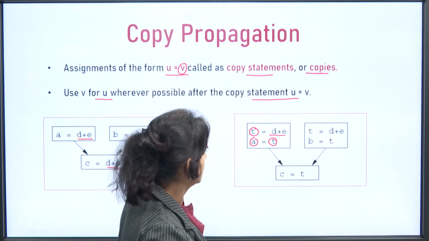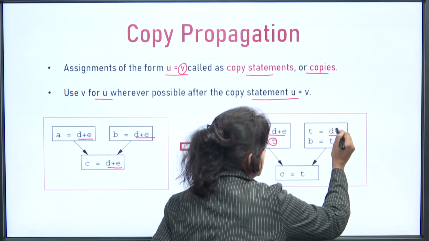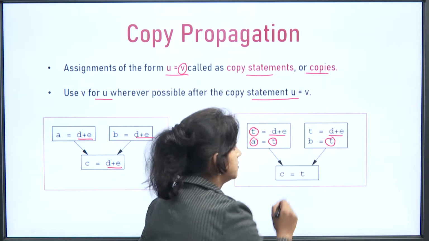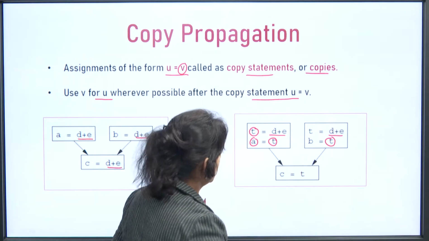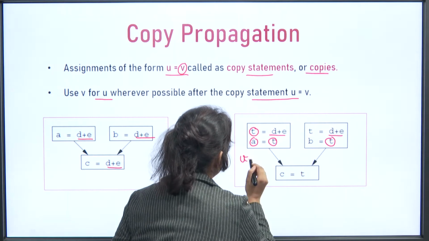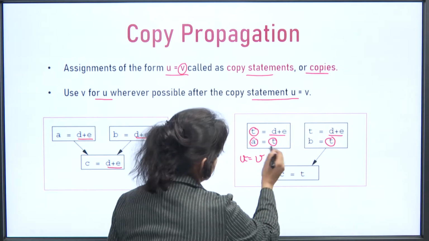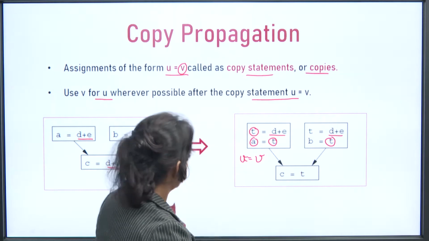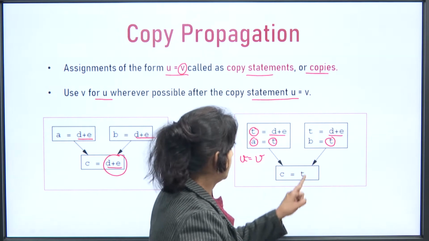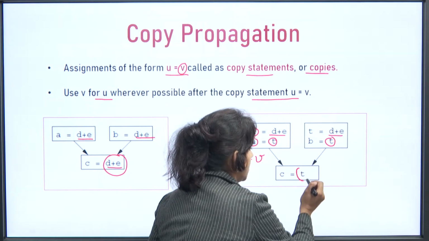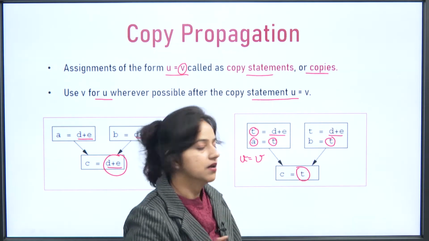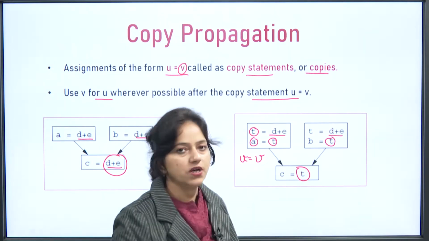Then again we are doing the computation d plus e is equal to t and assigning this t to b. Now here we have an expression of the form u is equal to v. Rather than doing this computation again, we will just copy the value from the variable that has done the computation earlier. So we can write c is equal to t.